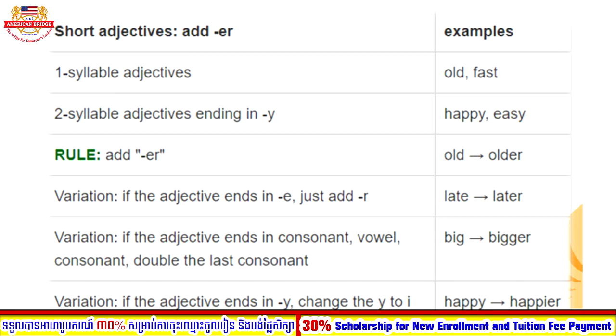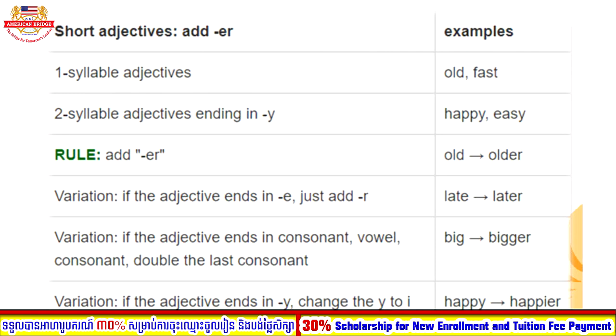So for a one syllable adjective we have to add er, like the word old, older. Fast, faster. Slow, slower, small, smaller, big, bigger, short, shorter, long, longer. So we just add er to the adjective that has one syllable.